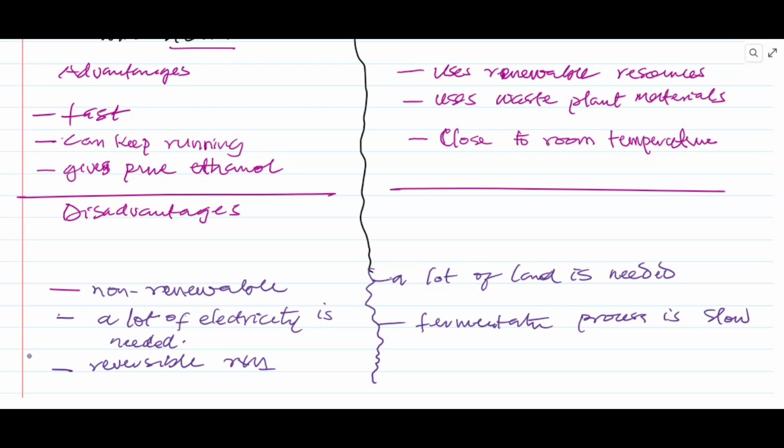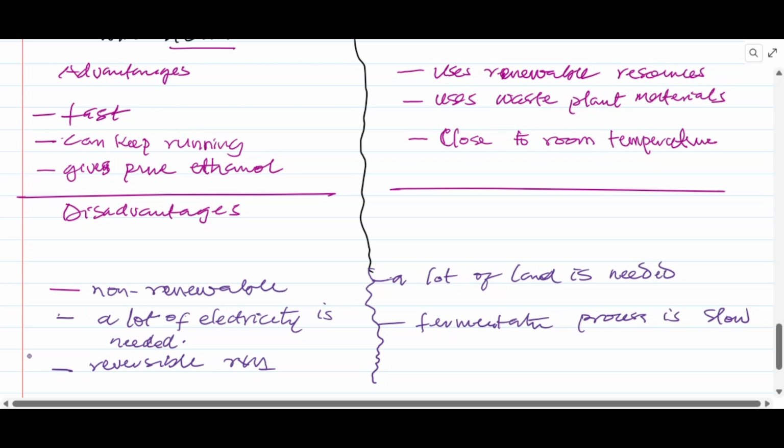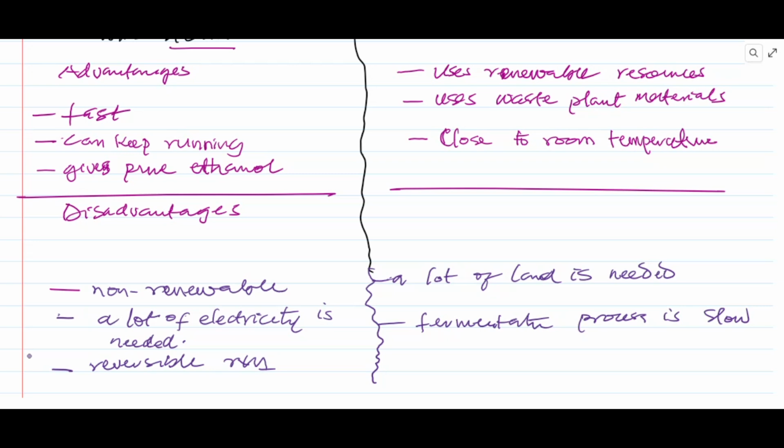Another disadvantage is that the yeast stops working when the percentage of ethanol reaches a certain level. Even if there is still glucose left, once the percentage of ethanol gets to a certain level, the reaction will stop working. So it is not a good thing for making ethanol by fermentation.